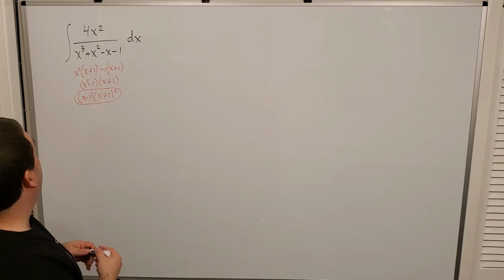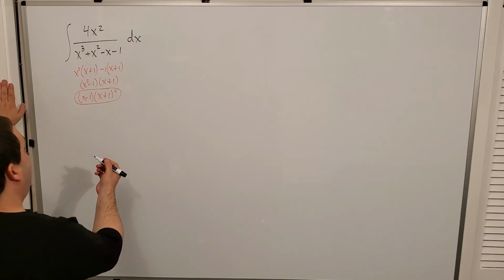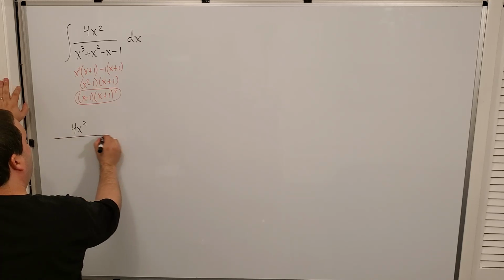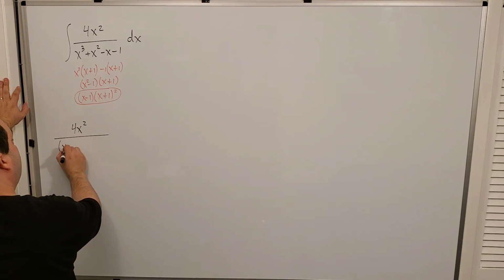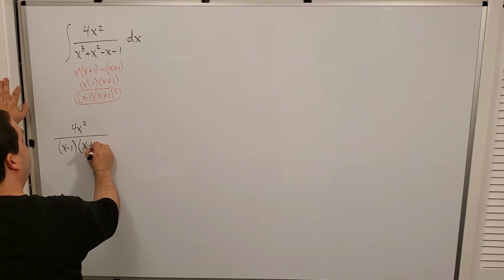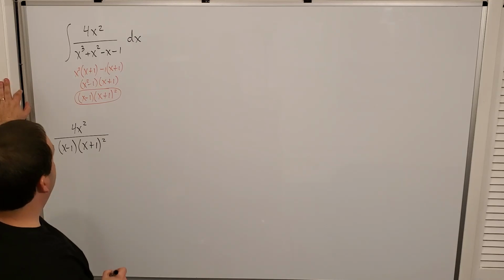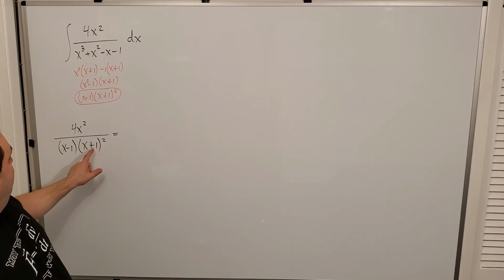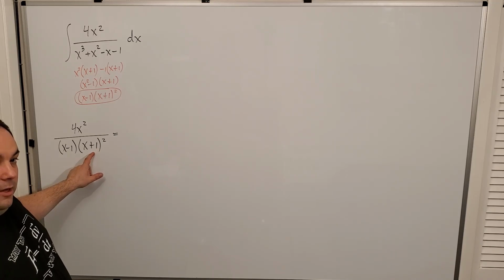So that means I need to break down 4x squared over x minus 1 times x plus 1 squared. They're both linear factors, but one of them is a repeat. One of them has the squared on it there.